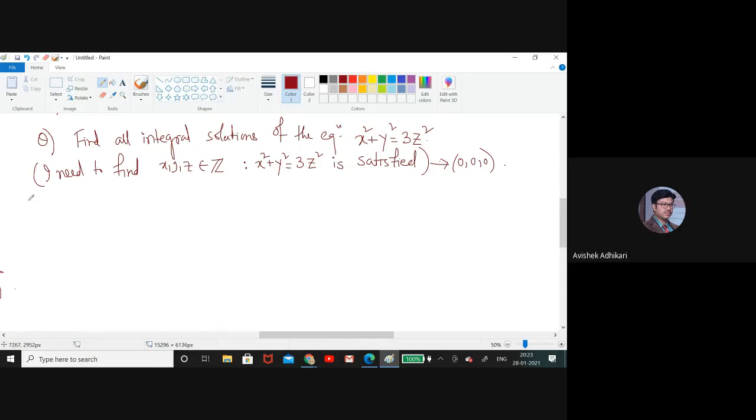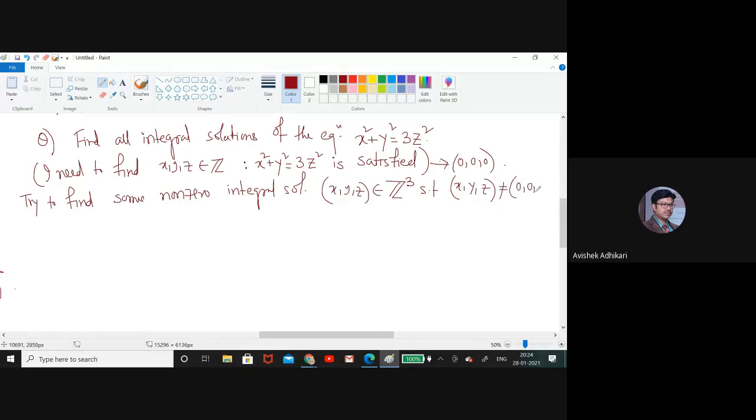Now let us try to find some non-zero integral solution, which means I need to find x, y, z belonging to Z such that (x, y, z) is not equal to (0, 0, 0).